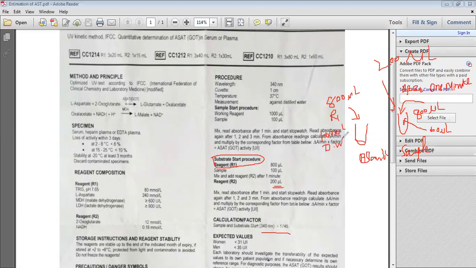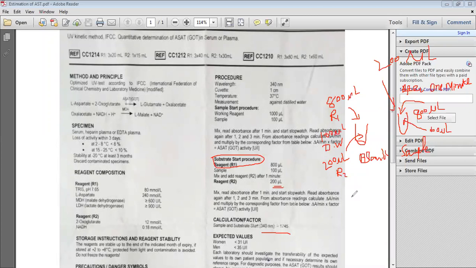In the blank test tube, instead of serum, you will use distilled water, and after 1 minute you will add 200 microliters of R2. Now you will mix and read the absorbance after 1 minute and start the stopwatch.